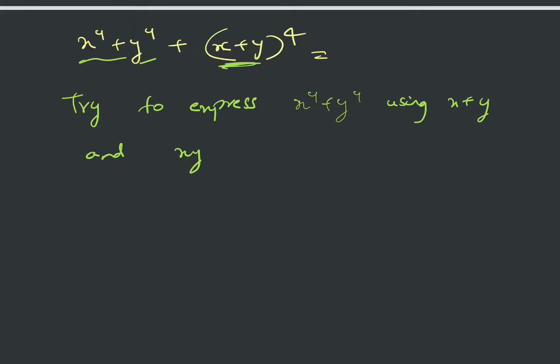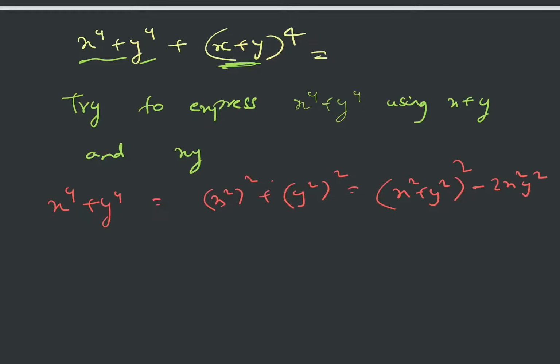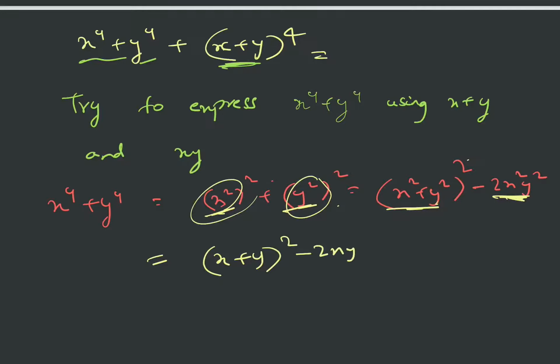right? So how can we do that? See, x power 4 plus y power 4, you can write as x square whole square plus y square whole square. A square plus b square I can write as a plus b whole square minus 2ab, isn't it? So x square plus y square you can write as x plus y whole square minus 2xy, and whole square minus 2x square y square, right?